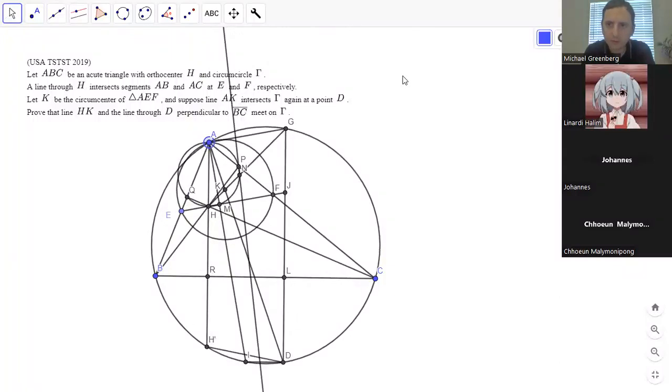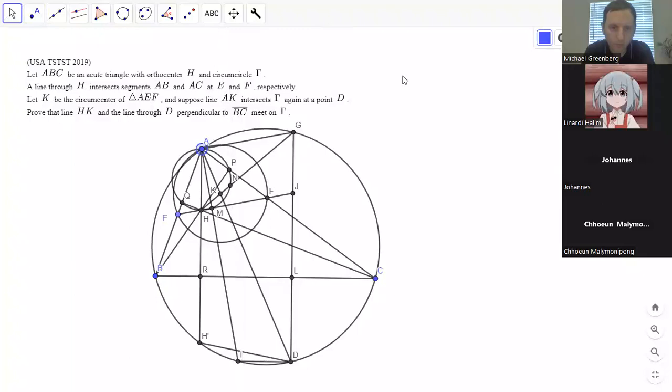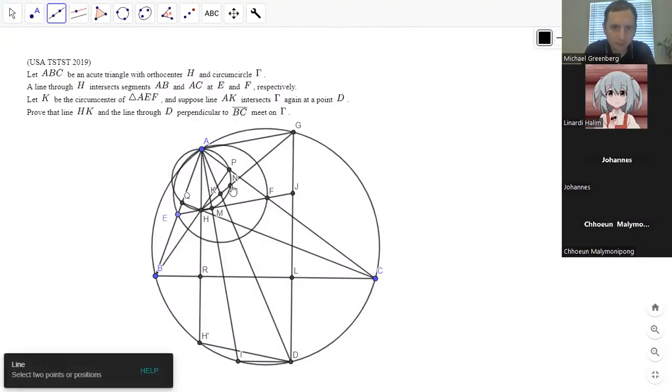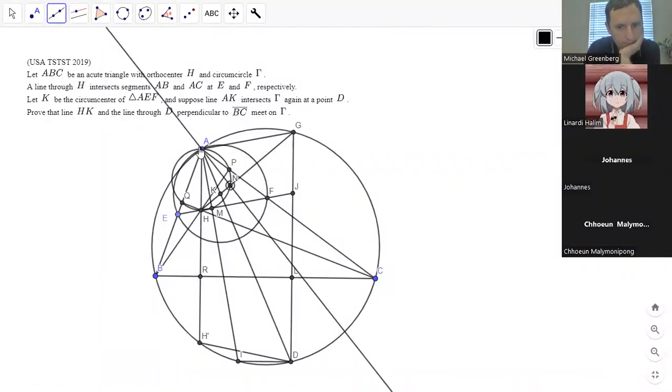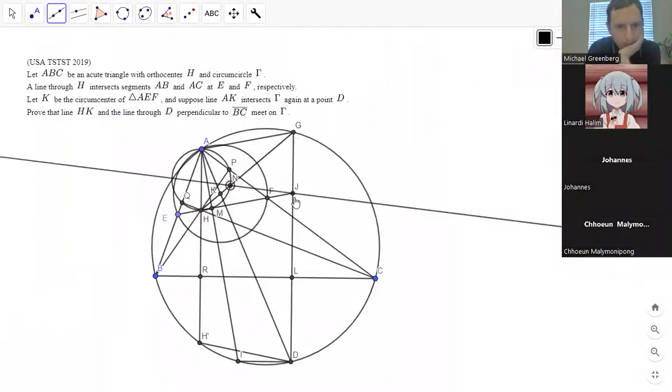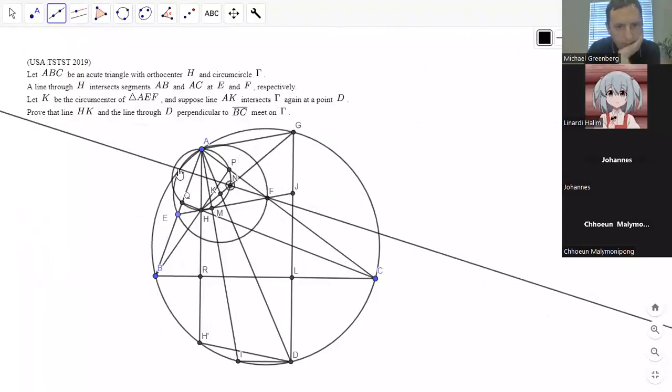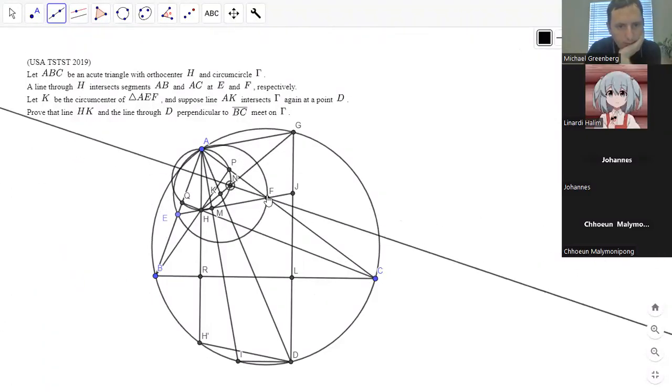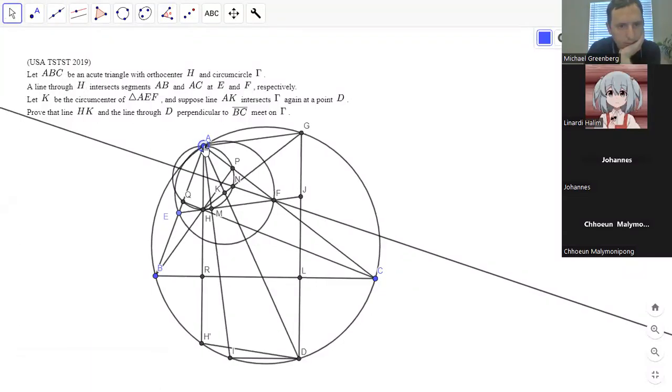Yeah, those don't actually concur. Okay, so I wanted to see if I could figure out anything about NHM, but I don't think there's much I can say about that. Oh, unless NF and those circles concur, but I don't think so. No.